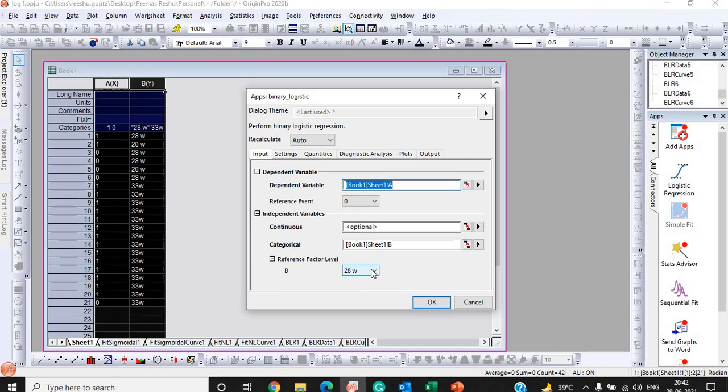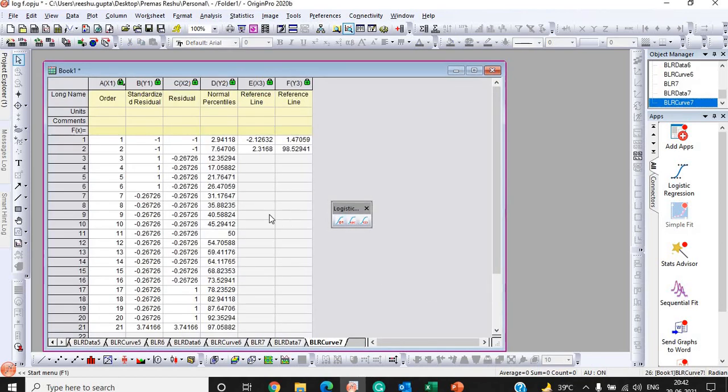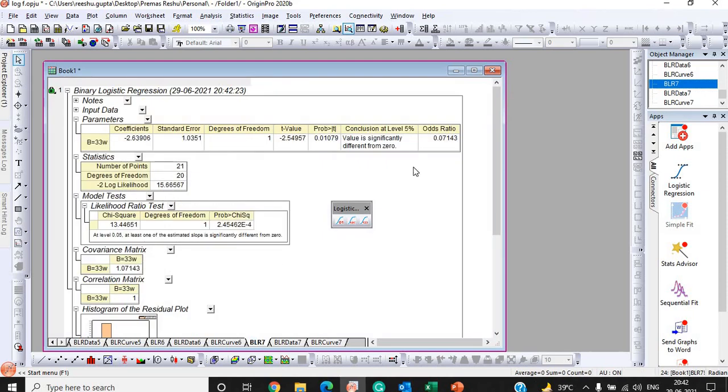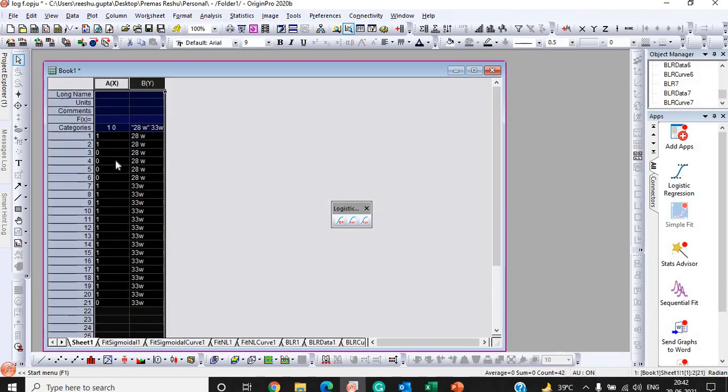So this will calculate the odds factor for the 33 weeks. If you go here, you can see we have the reference event here, 0 means the child is not on breastfeeding.